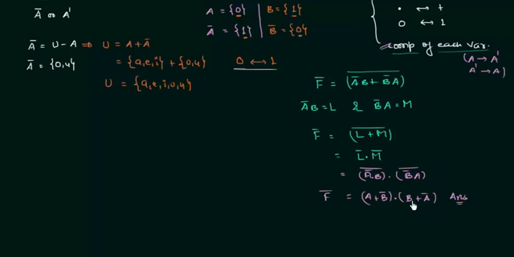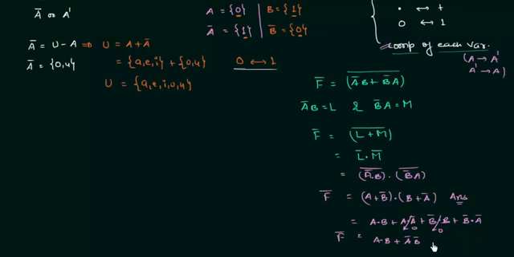You can definitely open this bracket and you will have A and B, or A and A complement, or B complement and B, or B complement and A complement. Right, A and A complement, B and B complement both are 0, so we will have A and B, or A complement and B complement.